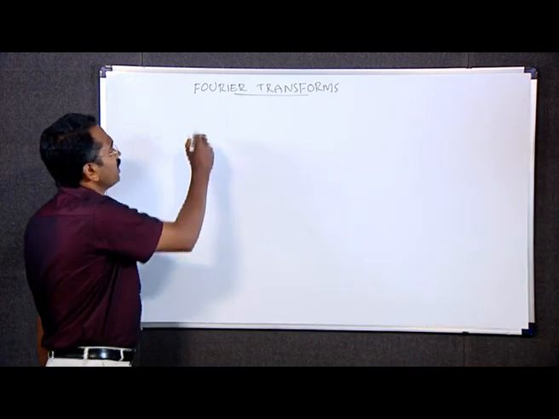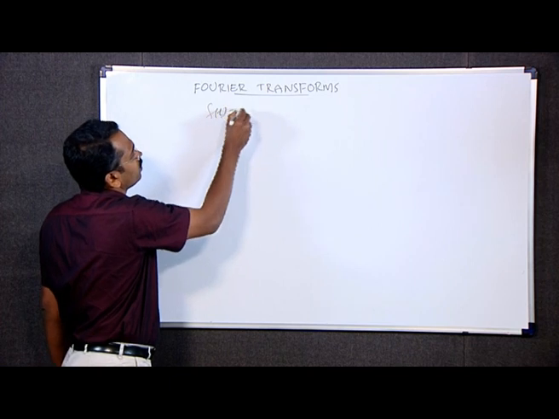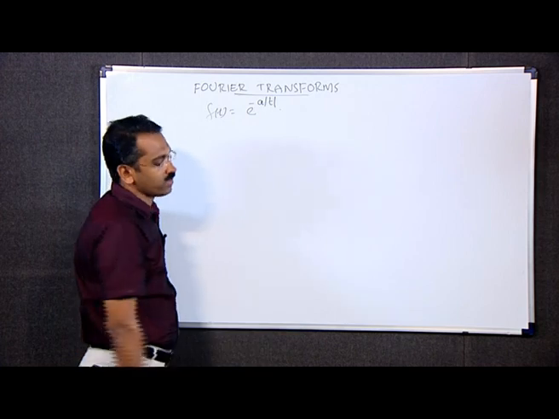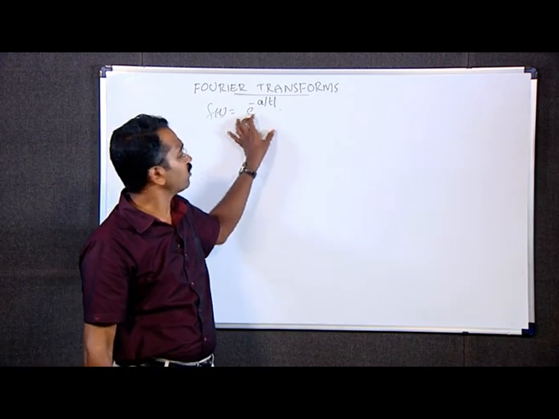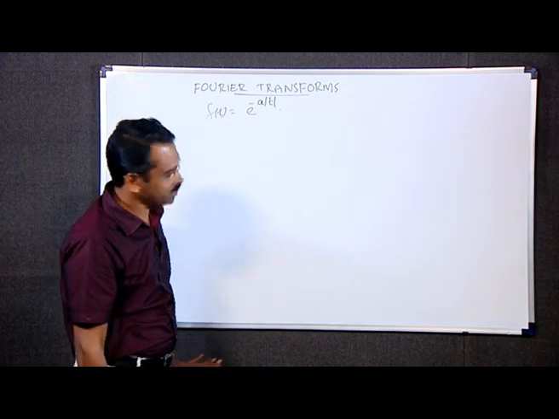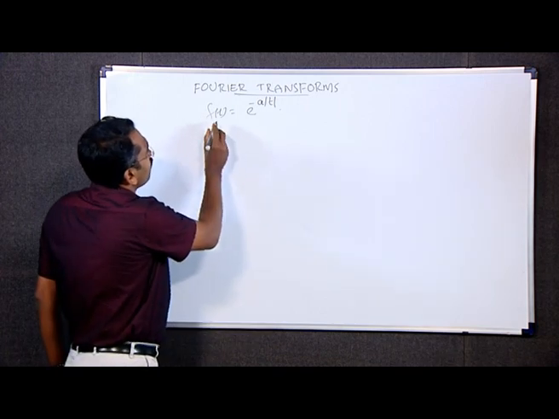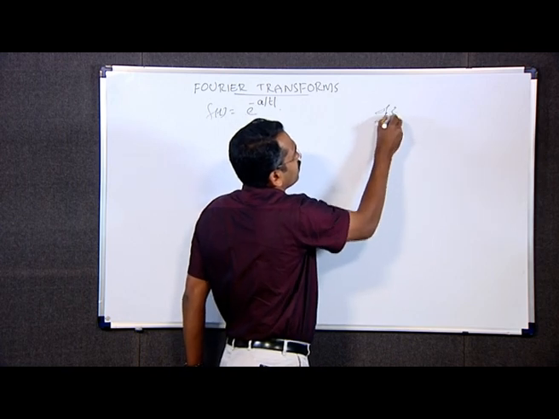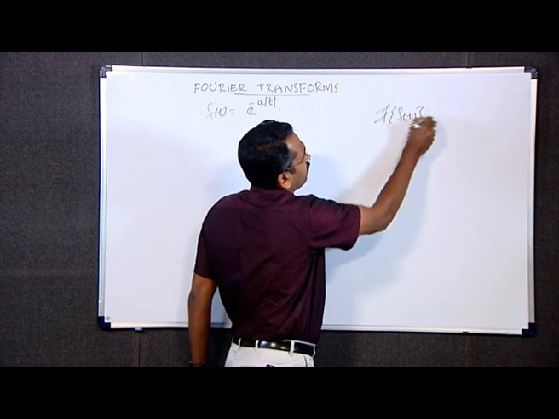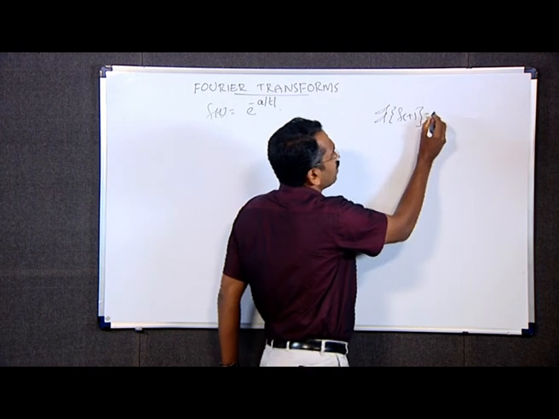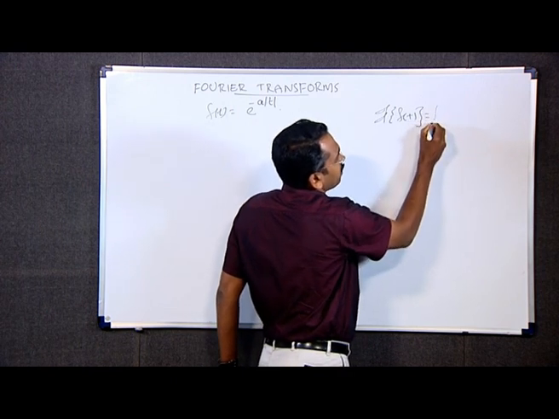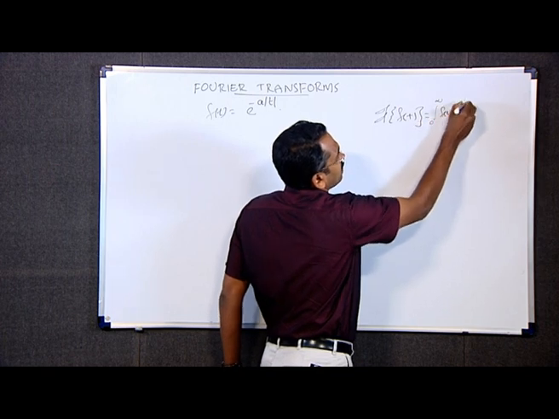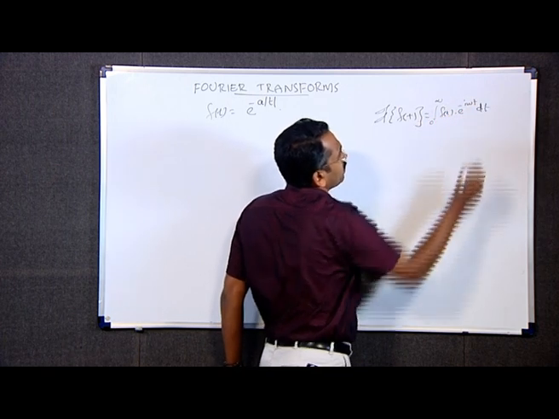Now consider the function f of t is equal to e raised to minus a into modulus of t. We want to find the Fourier transform of this function. By definition, the Fourier transform of f of t is equal to the integral of f of t into e raised to minus i omega t dt.